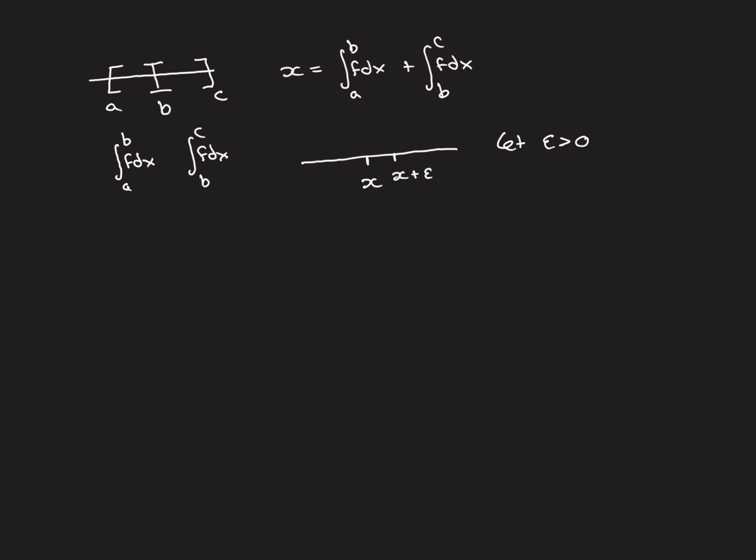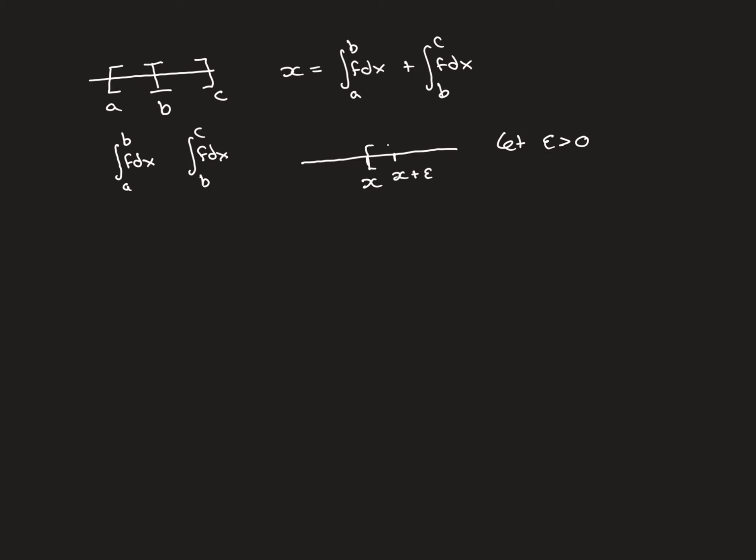Since we're putting no other conditions on epsilon, if we can show that for this general epsilon we can find an upper Riemann sum that is inside this interval, then it will hold true for all epsilon greater than 0, and therefore we'll have got this fact that there are upper Riemann sums getting indefinitely close to x.